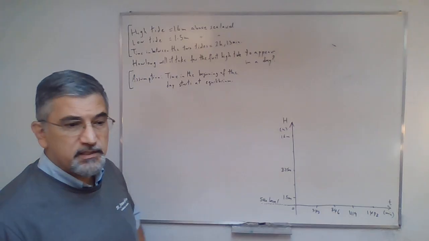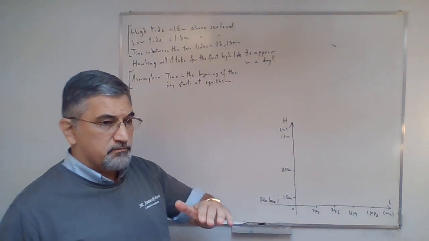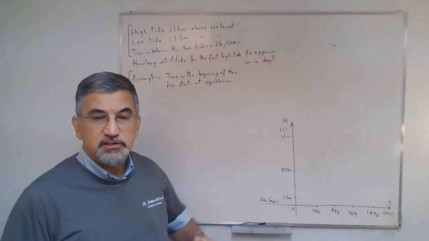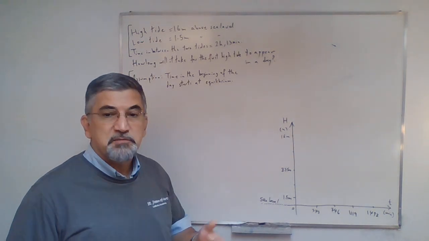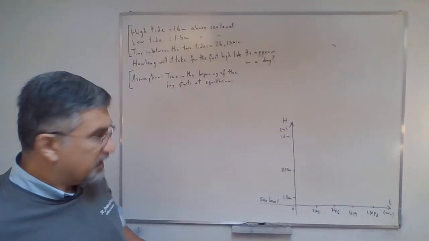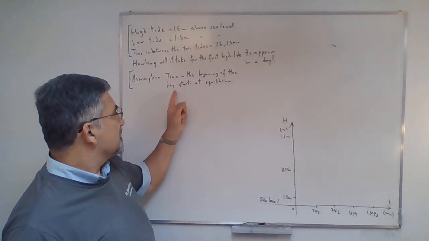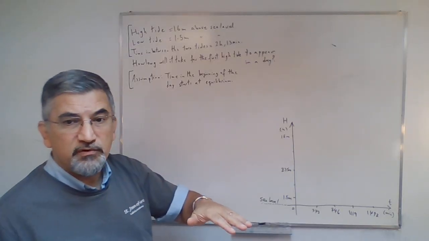So we are assuming that the nature of this high tide and low tide situation can be modeled with a sinusoidal function. That's the first assumption. And also we assume that the time in the beginning of the day starts at equilibrium.